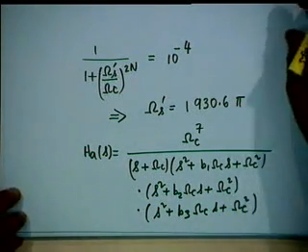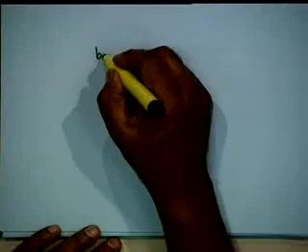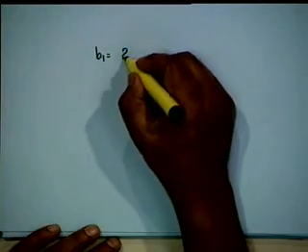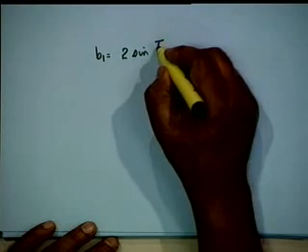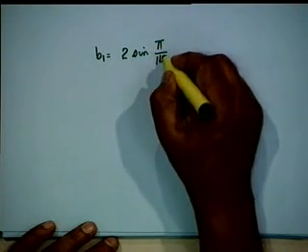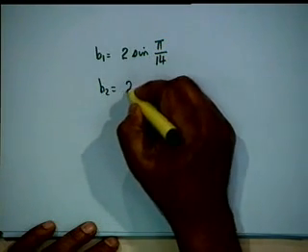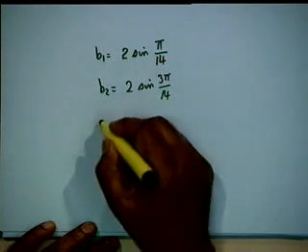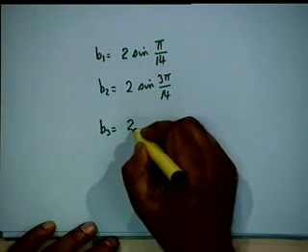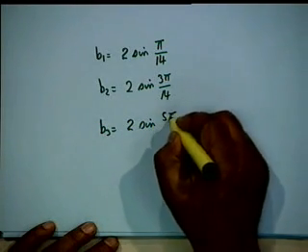And you have to find out b1, b2 and b3. b1 would be equal to twice, do not forget this factor, twice sine pi by 14. b2 would be twice sine 3 pi by 14, and b3 equal to twice sine 5 pi by 14.